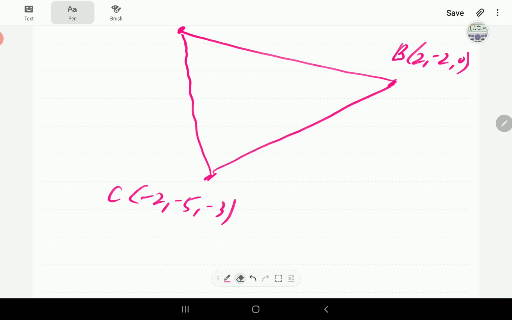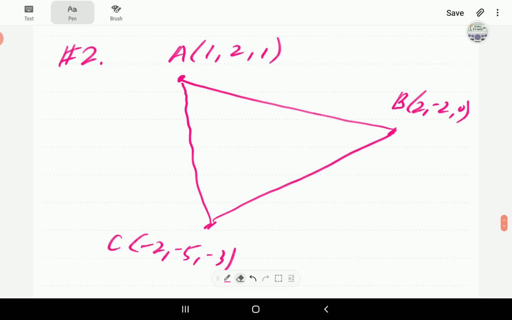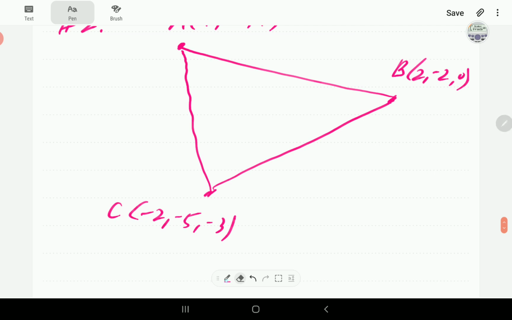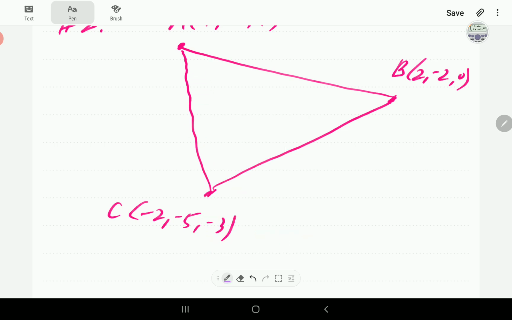Now, in order for us to find the area of this, we are going to have to express two of these sides as vectors. Okay, now from that property, what we're going to do is extend this to be a parallelogram. If I take this side and put it there, and then this one I put it here, then all of a sudden you can see that we've got a parallelogram.